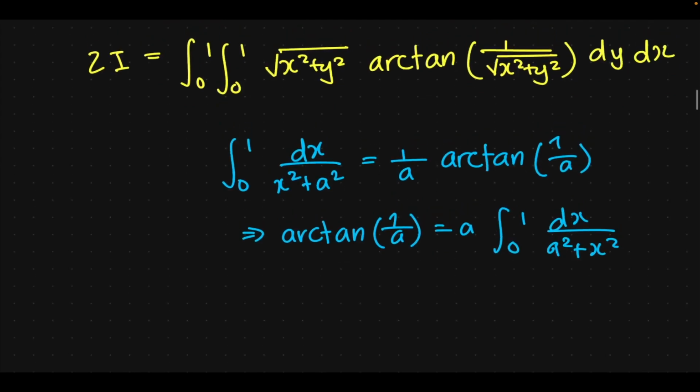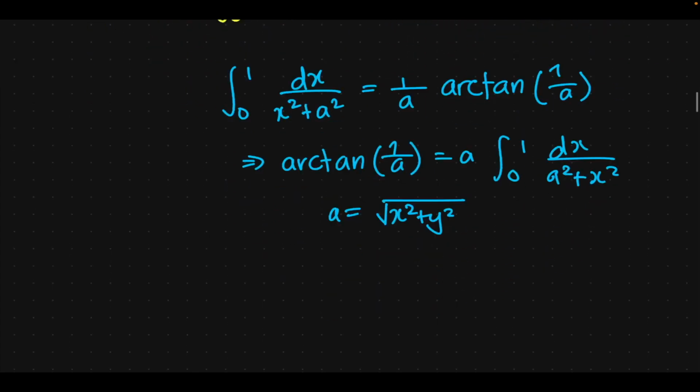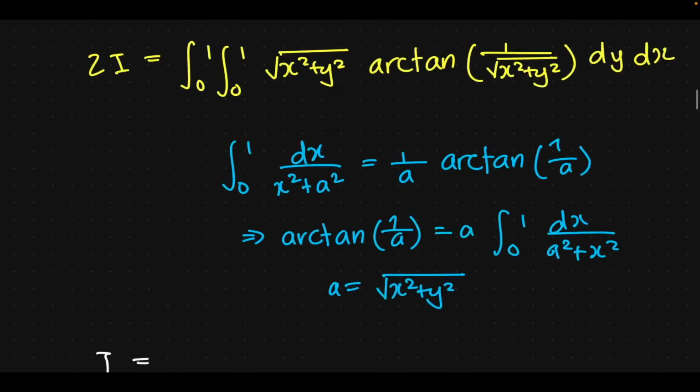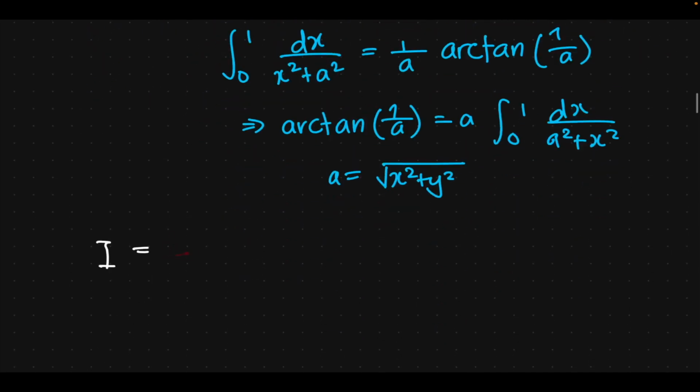So all we do is use this formula in the case where a is the square root of x squared plus y squared, because we already have an arctan in the integrand itself. So when I do that, and we can divide by this factor of 2 that was lingering around, 1/2 integral 0 to 1, 0 to 1, and 0 to 1.